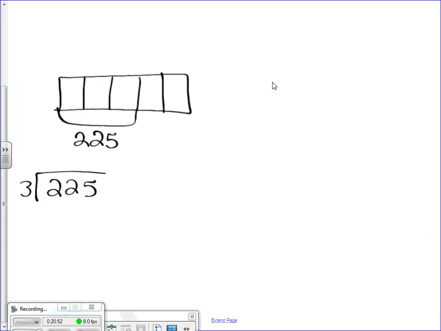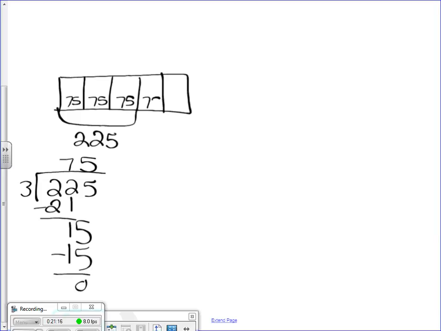Nigel. Okay, you're writing. Never mind. So each one of these 3 units is 75. So if these 3 are 75, what are those other 2? 75.